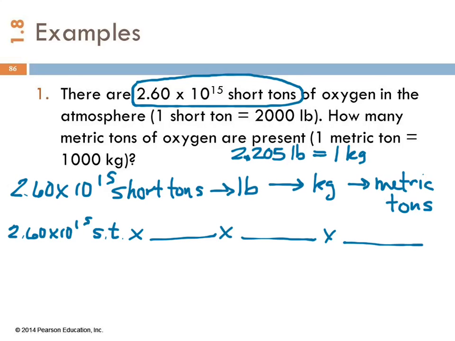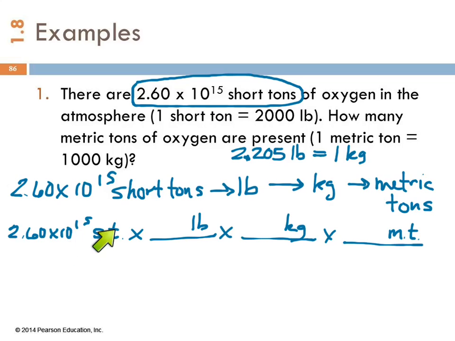And then we pretend that we're Dora. Short tons, pounds, kilograms, metric tons. And then we go down here: short tons, pounds, kilograms, metric tons. Exact same thing. Pounds, kilograms, we'll call that MT, metric tons. That's the path.